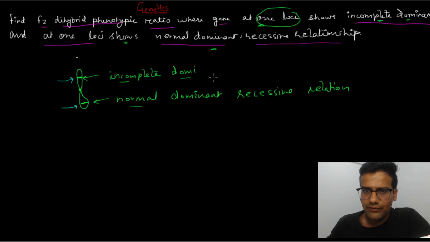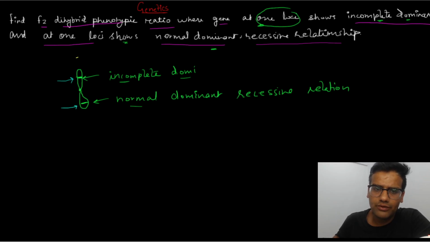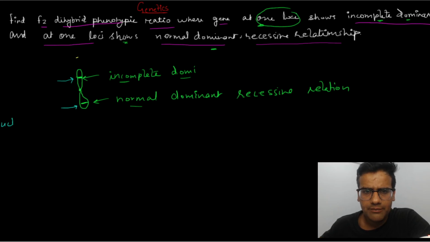This question is quite confusing, but it can be easily solved by the product rule. The product rule says the result is the multiplication product of both of these.